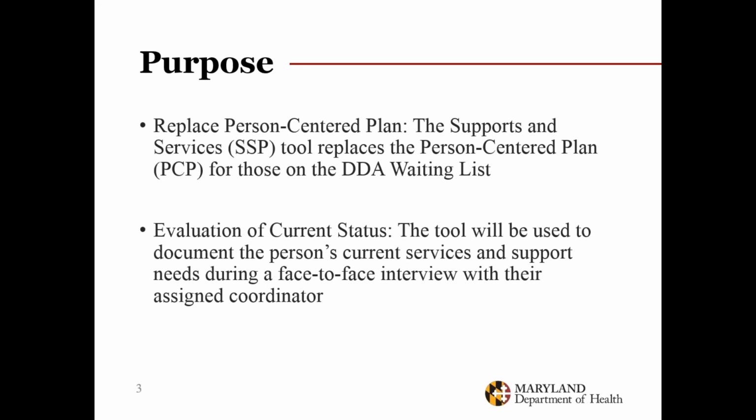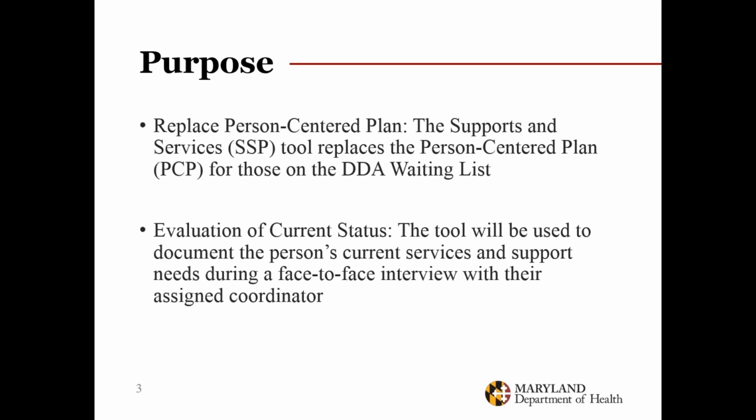The tool will be used to document the person's current services and support needs during a face-to-face interview with their assigned coordinator. The SSP tool should be completed within the first 45 days of a person being placed on the waiting list, effective October 19, 2018.